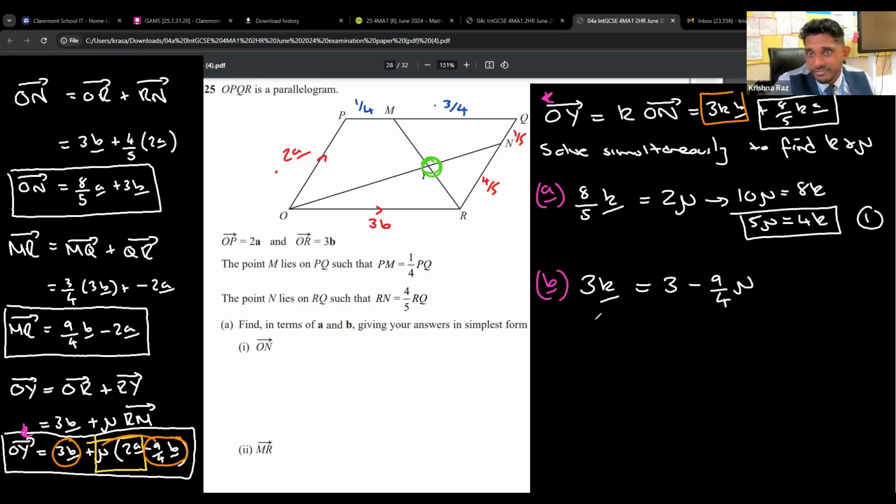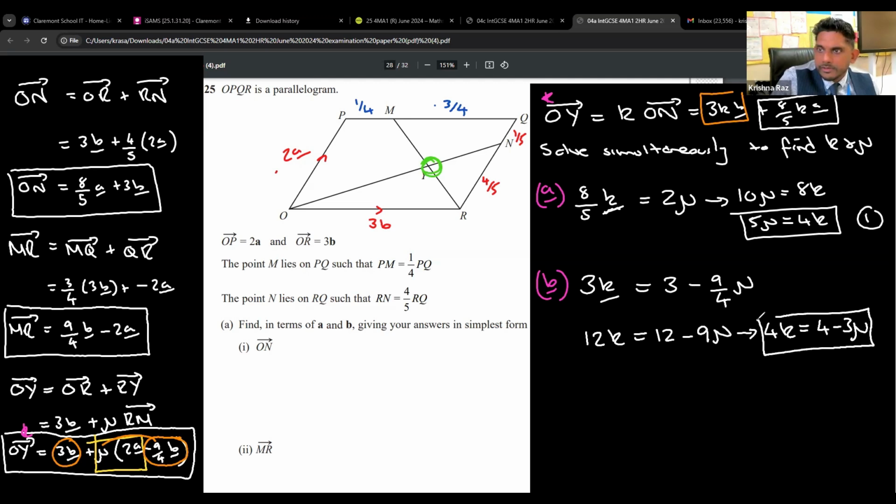Probably. If I times everything by 4, I don't need a lower script on the K either. So 12K equals 12 minus 9 mu. Divide by 3 gives me 4K equals 4 minus 3 mu. Call that equation 2.